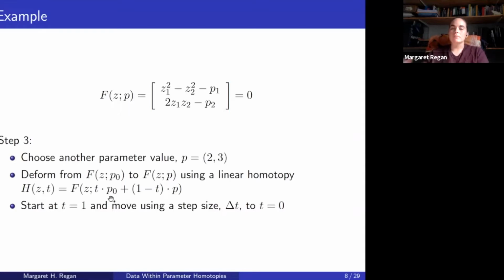And then as we move along the solution path, which will look the same as the previous picture, that we have these continuous paths moving between the solution points, it'll then move to the solutions at f of z at this new p2, 3, when we get to t equals 0. So we're moving the same way as we did before, but now it's just linear in terms of the parameters.